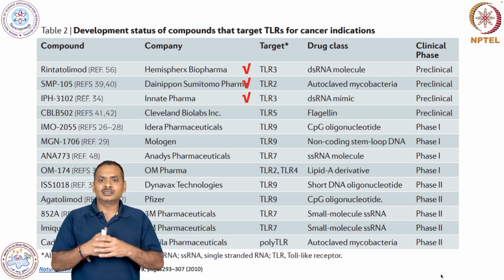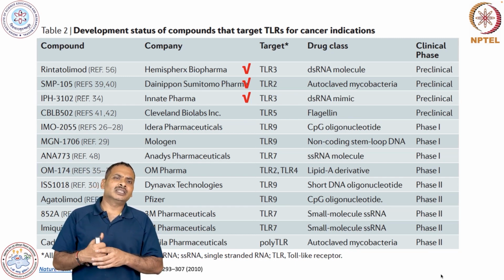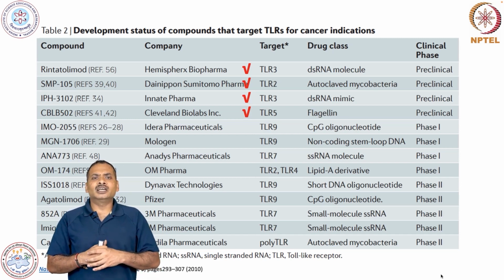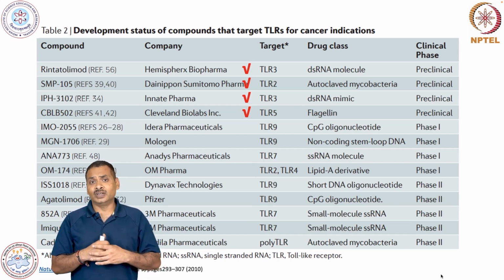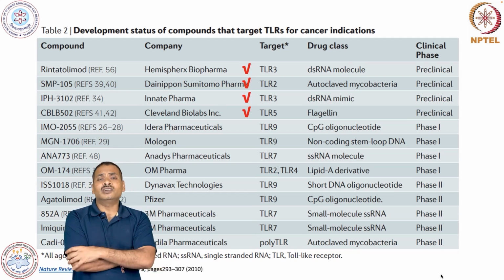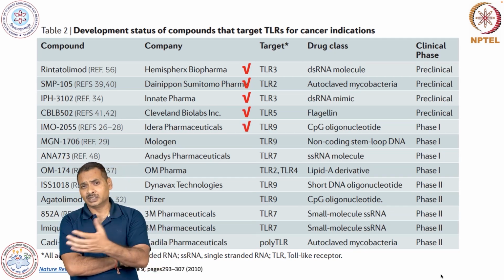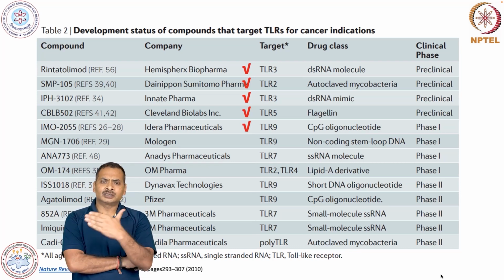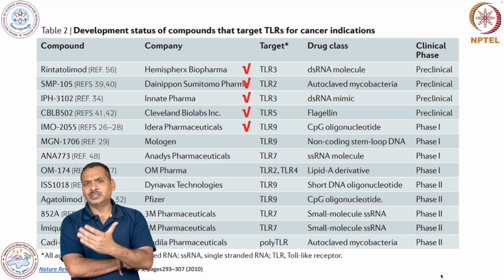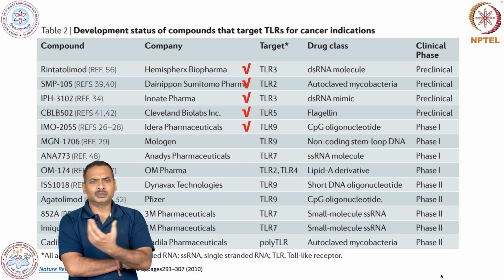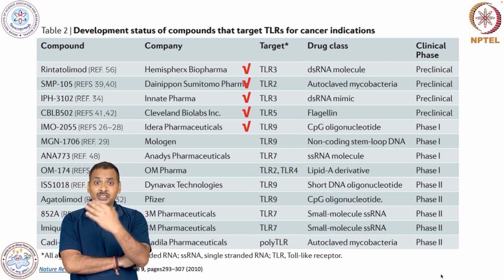There is a TLR3 ligand, which is basically a double stranded RNA mimic. There is a TLR5 ligand, which is flagellin protein, okay, flagellin which is present in the flagella of flagellated bacteria, okay. TLR9 ligand, which basically consists of CpG motif of DNA. It's basically an oligonucleotide which is hypomethylated.